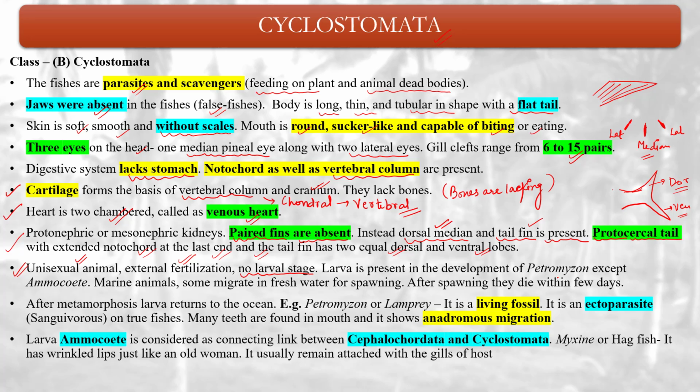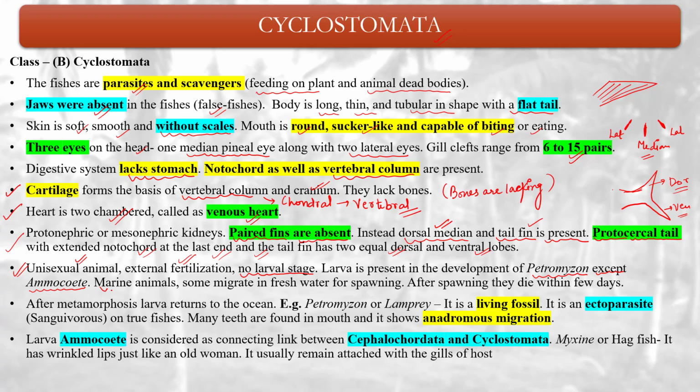Petromyzon is the exception, which has a larval stage of development, that is, indirect development, in the cyclostomata category, but the larva is ammocoete, not a true larva.